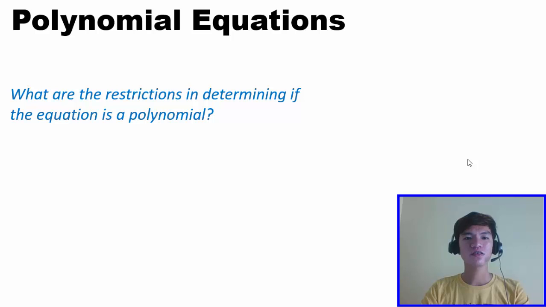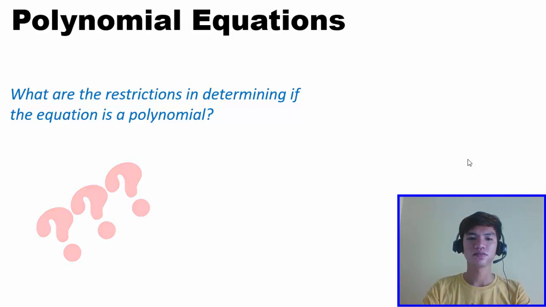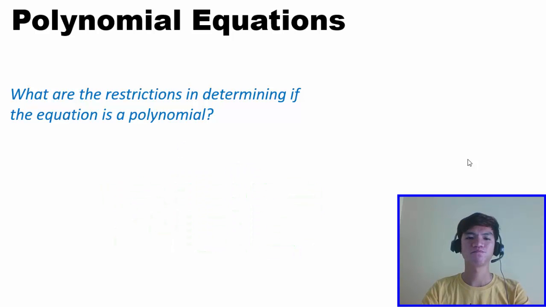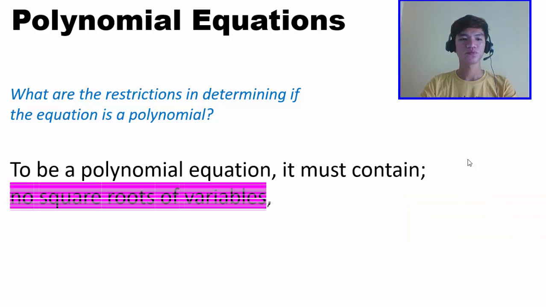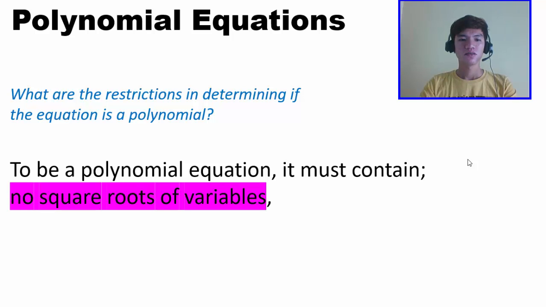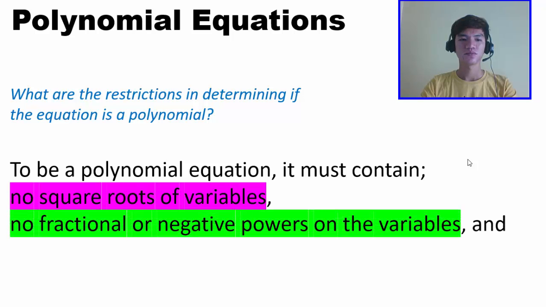What are the restrictions in determining if the equation is a polynomial? To be a polynomial equation, it must contain: 1. No square roots of variables. 2.